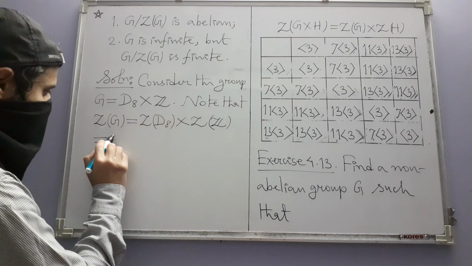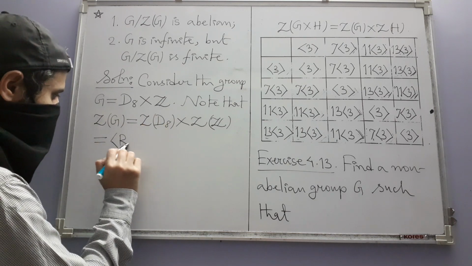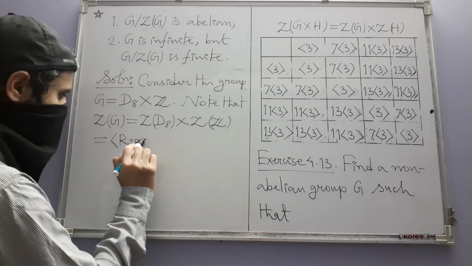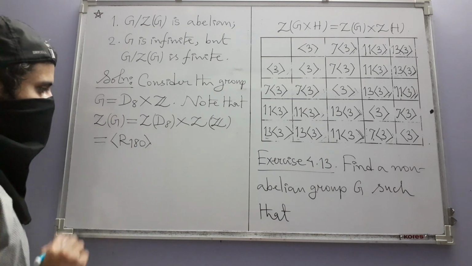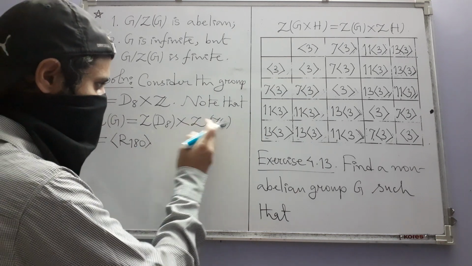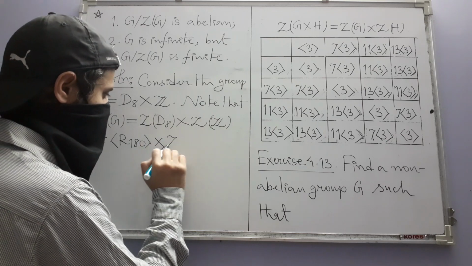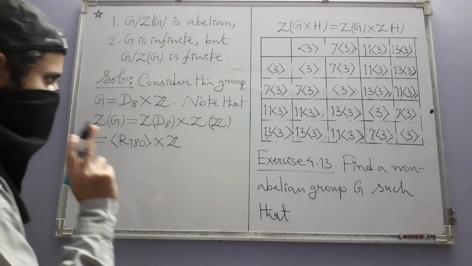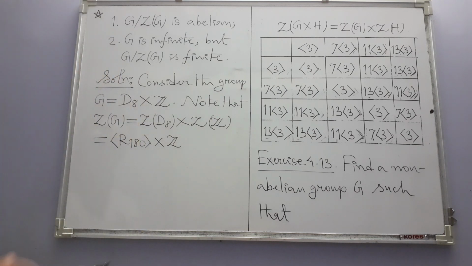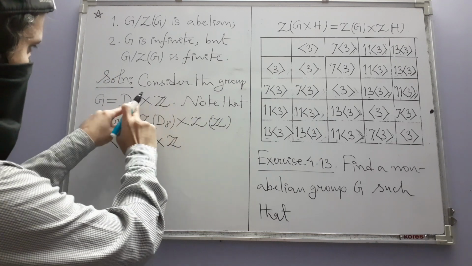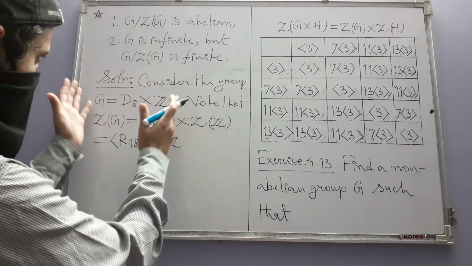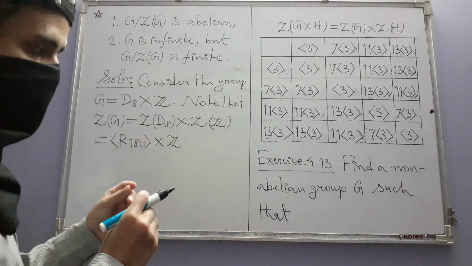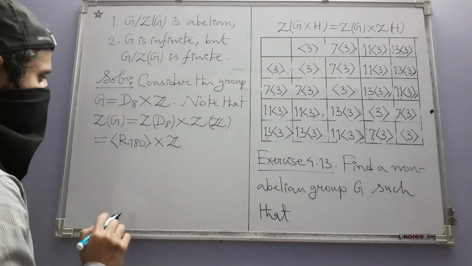Okay, so I'm just assuming that this is something we already know, and now this is something we know, and this center is nothing but that cyclic group generated by the rotation R180, and this is the group itself. Why? Because this group is abelian. Note that in this direct product, this is abelian but this is non-abelian. So the entire direct product, that is the entire group, is non-abelian.